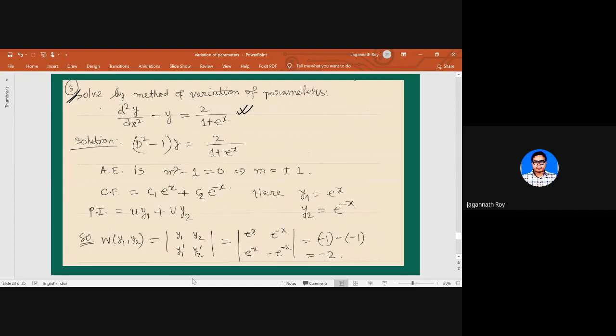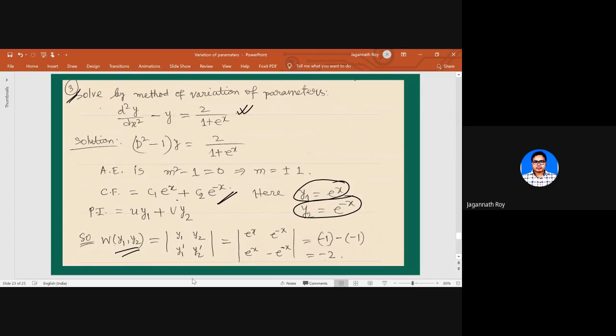Okay. So here the complementary function is this one. From here we will get y1 equals this one, y2 equals this one. And take the Wronskian, which is minus 2, non-zero, so they are linearly independent.